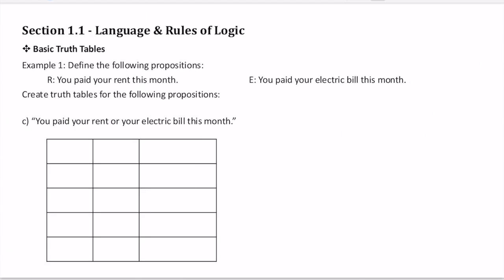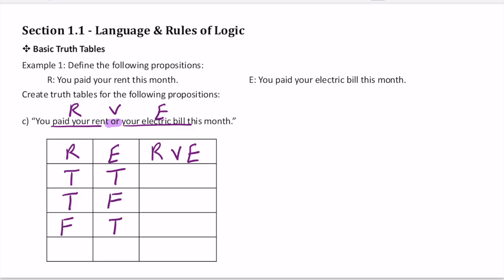What about the proposition, you paid your rent or your electric bill this month? This proposition uses statements R and E again, but this time with the logical connector OR, which is represented by the V symbol. We will set up the first two columns of our truth table with the possible truth values for R and E. Notice that this is the same as the setup for our previous truth table.